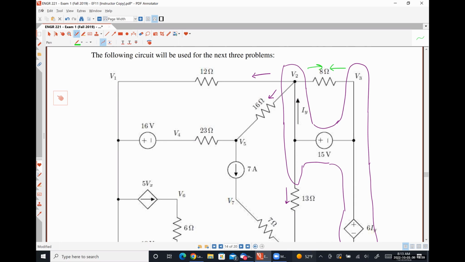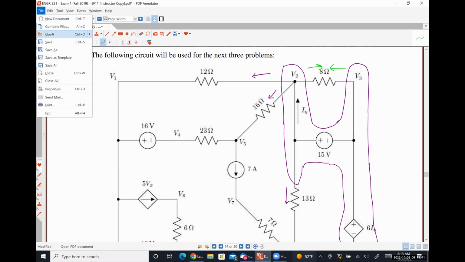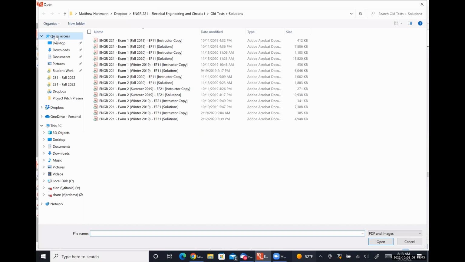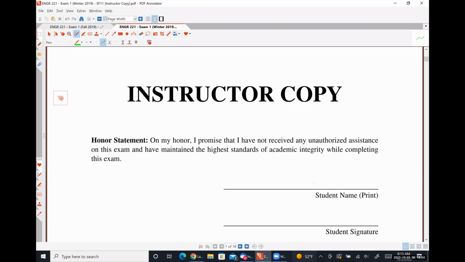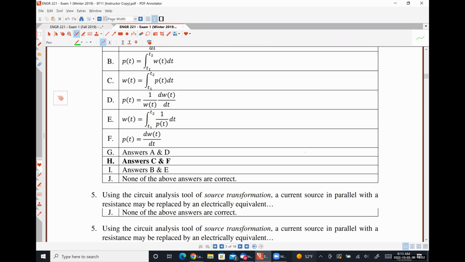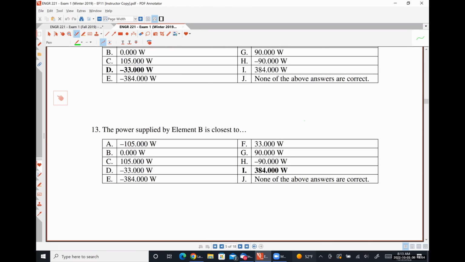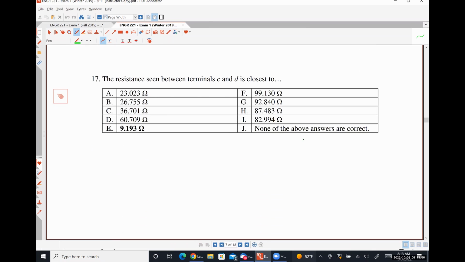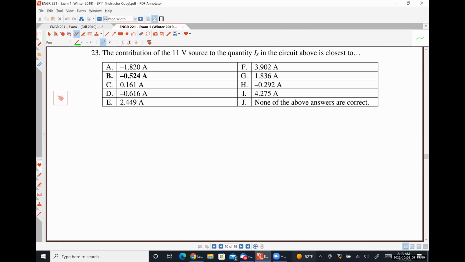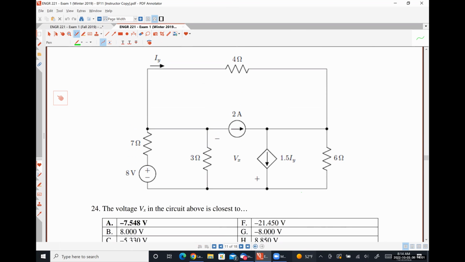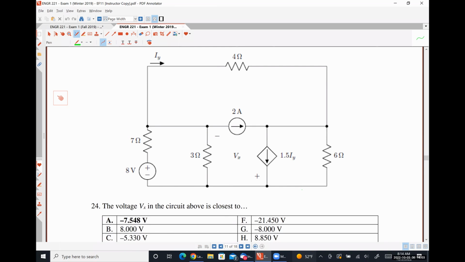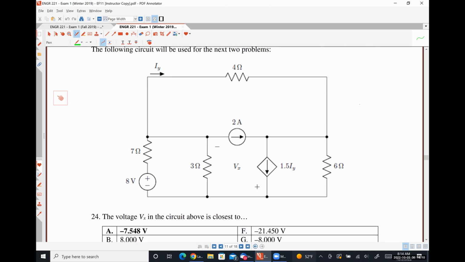Winter 2019? All right, so let's see. I'm going to use nodal analysis here.